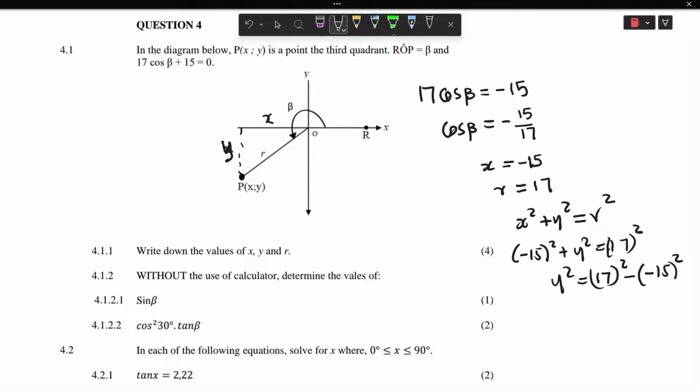Then y is equal to the square root of. See, now I think it's becoming more and more clear. So 17 squared minus 15 squared. I don't know if that one is making sense on your side.